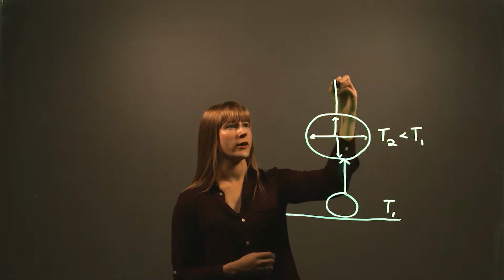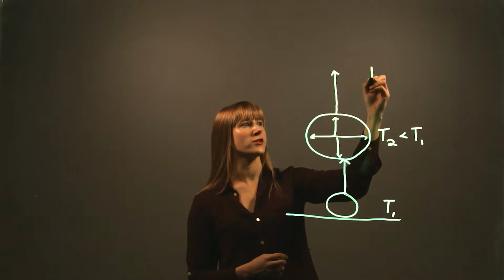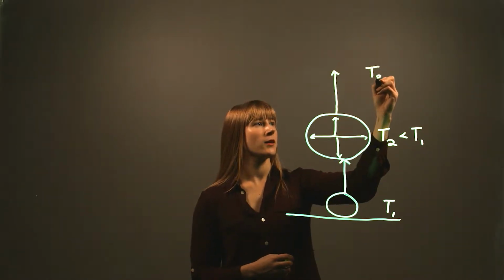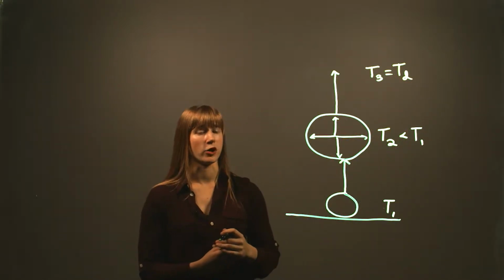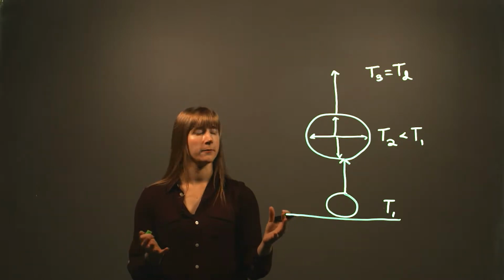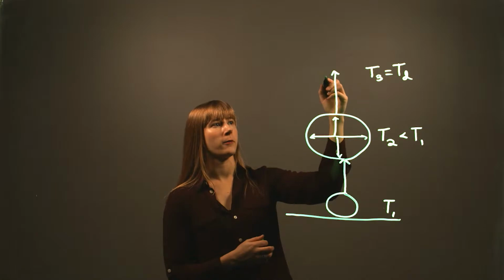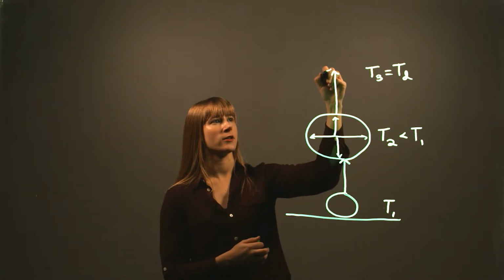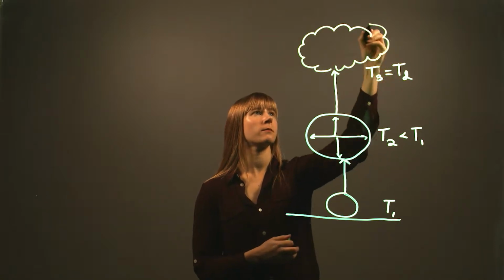And at some point, it may rise far enough that its temperature cooled down so much that its temperature at this time equals the dew point temperature. And at that point, the air parcel is saturated. Now, if it rises any tiny bit further, net condensation is going to produce a cloud.